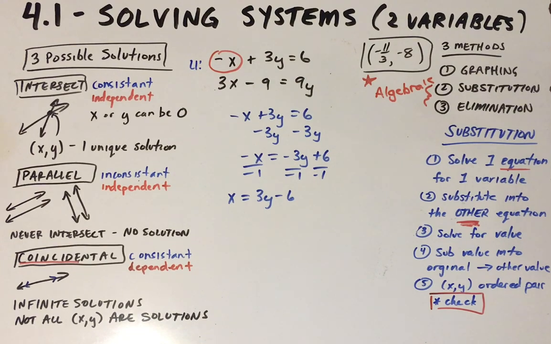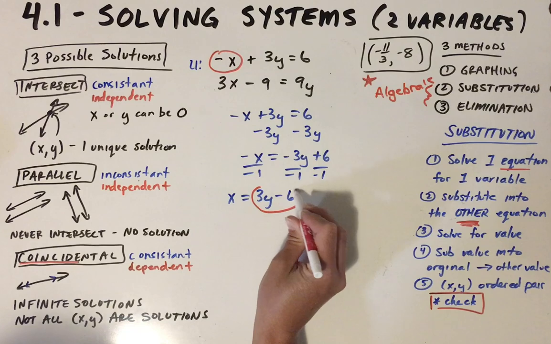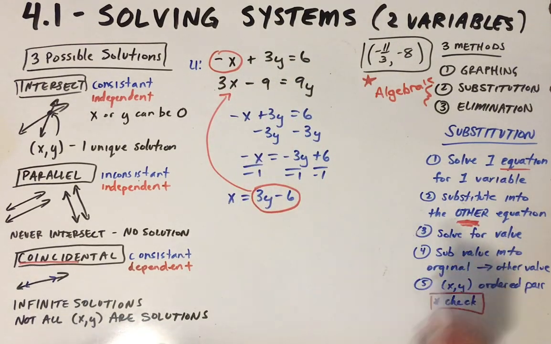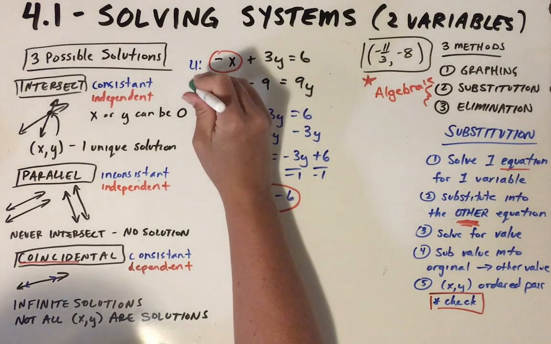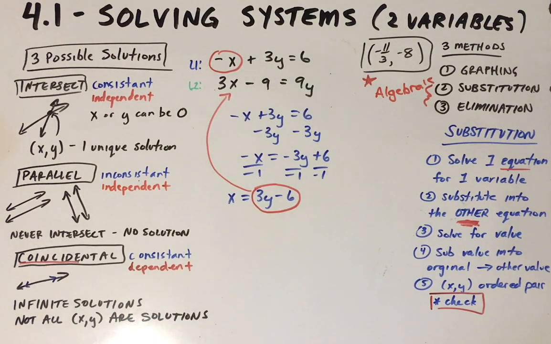Now that I have the value of x, I can substitute it into my line 2. Again, it has to be into the other equation, not the first equation that I used. The equation that I solved for, I can't use to plug back in.